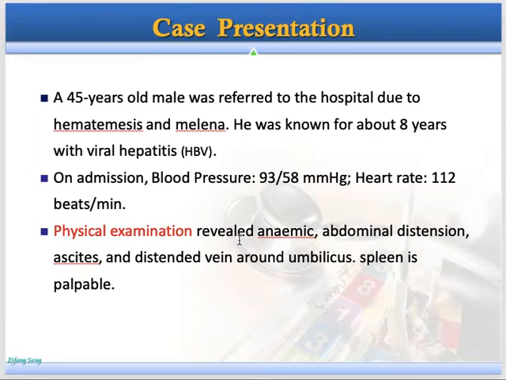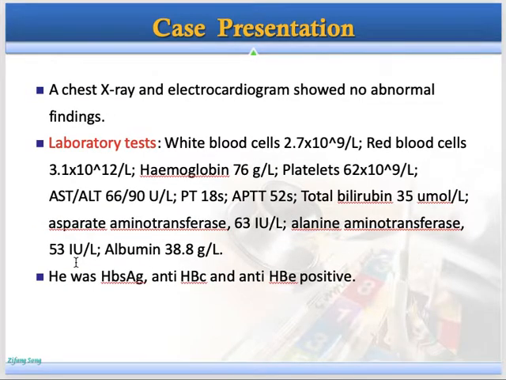Physical examination revealed anemia. There is abdominal distension, which means ascites, and distended veins around the umbilicus, and spleen is palpable. So that is basically a very clear-cut scenario of someone who had already developed cirrhosis. A chest X-ray and ECG showed no abnormal findings.